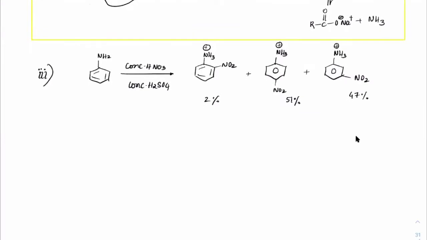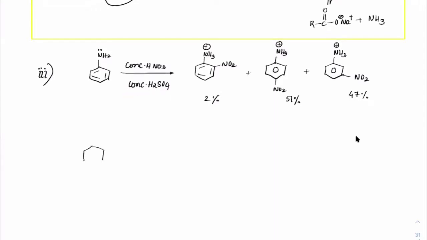Right. Why has this happened here? See, you are reacting an aniline in the presence of a concentrated H2SO4 solution. This is a base, this is an acid. The first reaction that will take place is an acid-base reaction. So this aniline, which has a basic character, will react with H2SO4, right, and it will become NH3 plus and HSO4 minus.